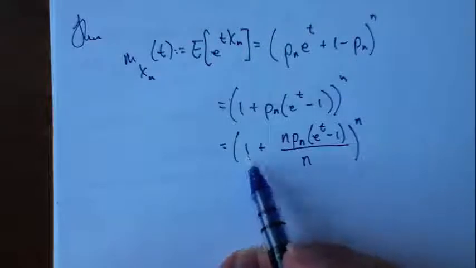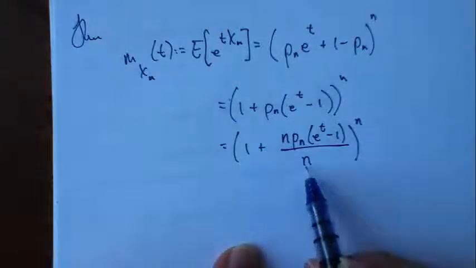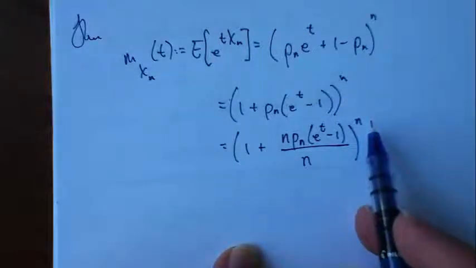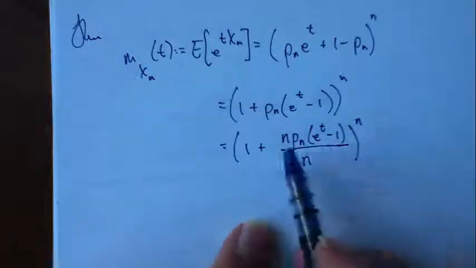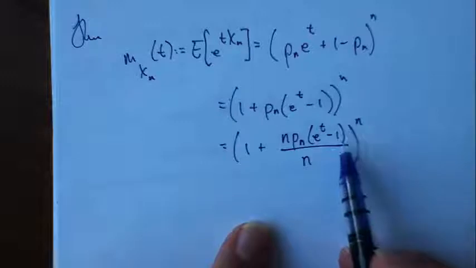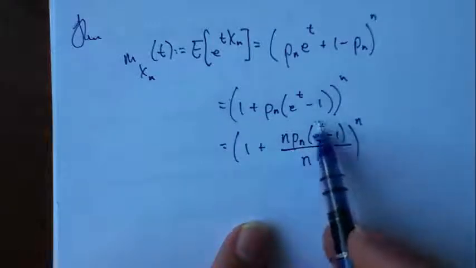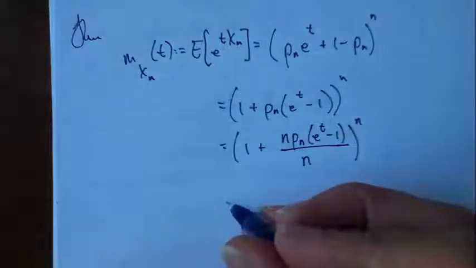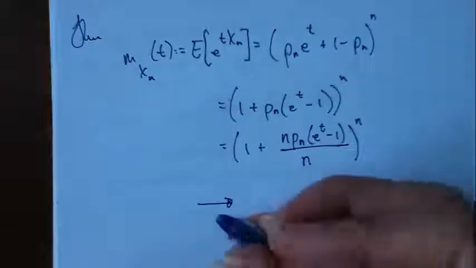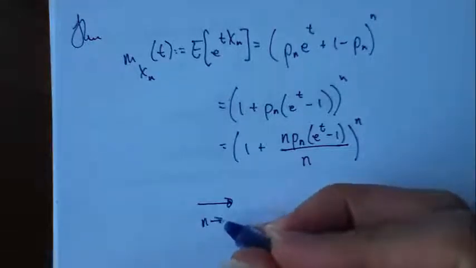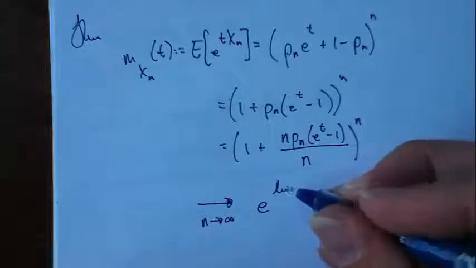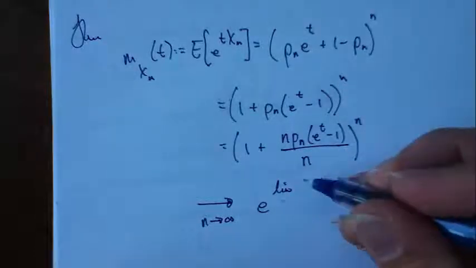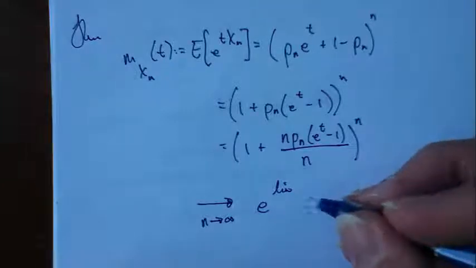You remember how if you have 1 plus something over n raised to the nth, as n goes to infinity, this starts to look like e raised to all this stuff. And in fact, there's another result that says that if all of this is moving toward a limit, then all of this is actually going to e raised to the limit of that stuff, right?